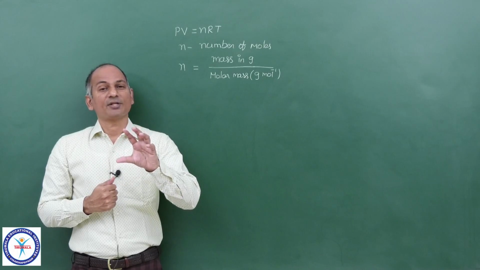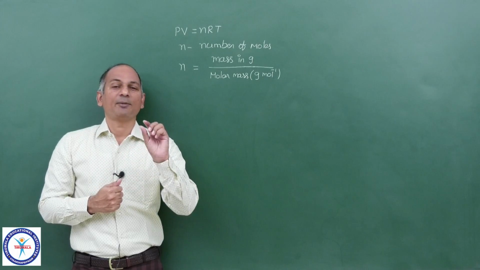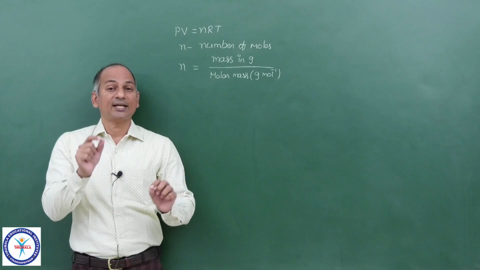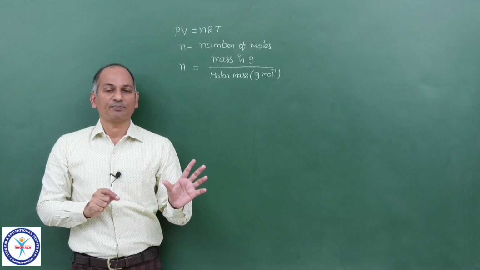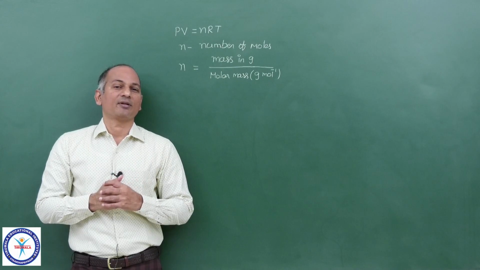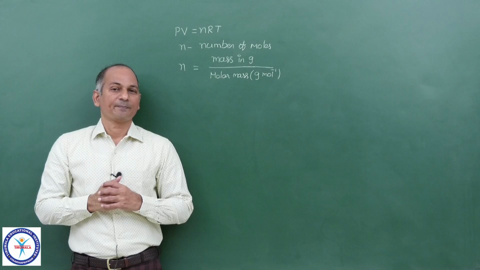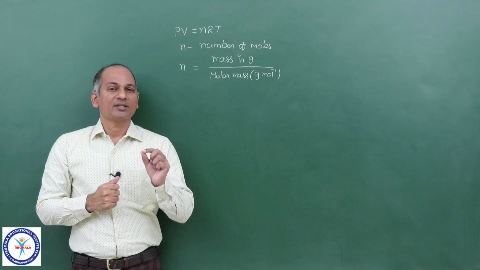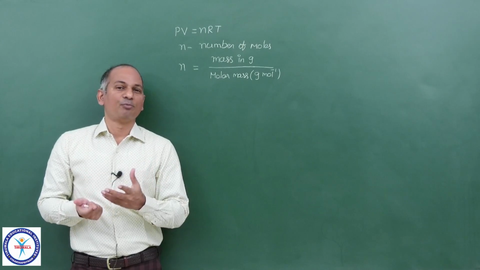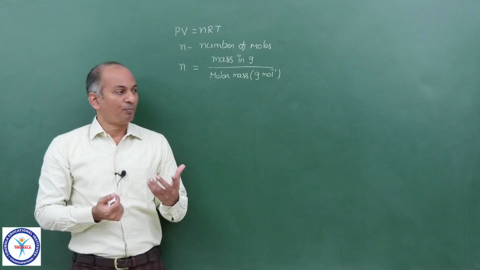It is the amount of substance which contains the same number of particles as there are in exactly 12 grams of C12 isotope. And that number is Avogadro number, 6.023 into 10 power 23. So, mass of 1 mole of a gas is its molar mass. So, obviously number of moles is equal to mass upon molar mass.